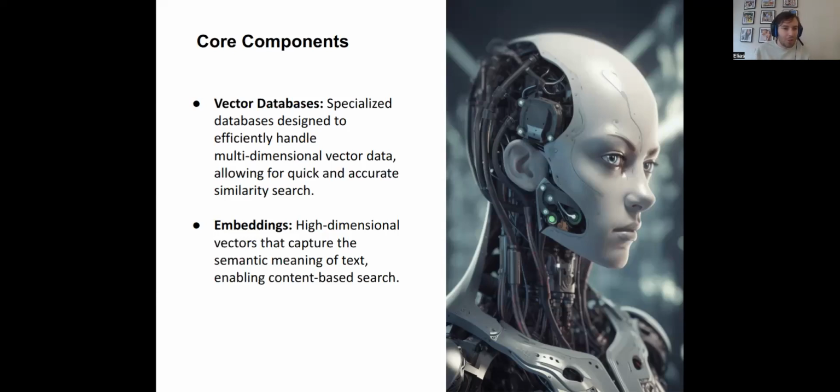Every word, phrase, and sentence, when transformed into an embedding, carries within it the contextual meaning, the subtle nuances, and the integrated relationships that exist within the text. These embeddings, high dimensional and complex, make content-based search not just a technical process, but an art form. They enable the database to understand the meaning behind the queries.